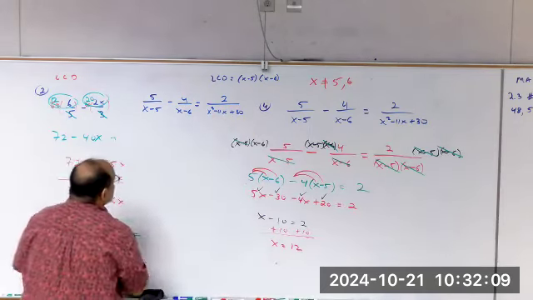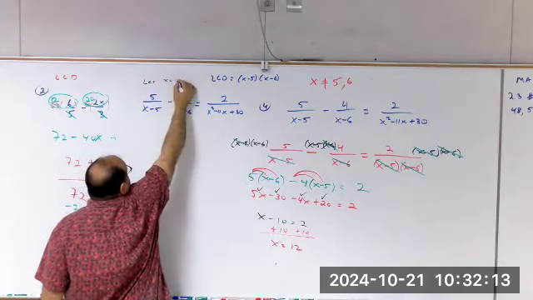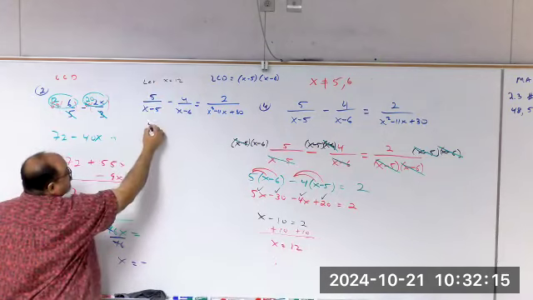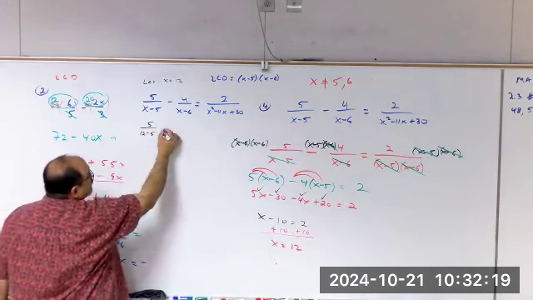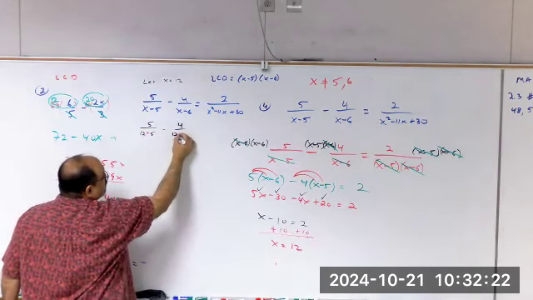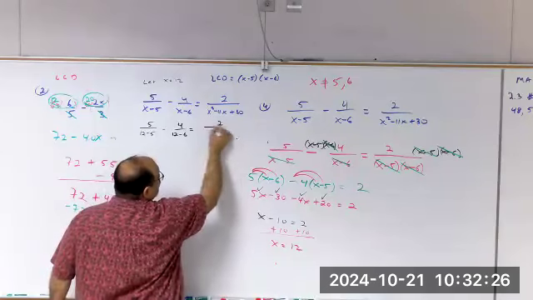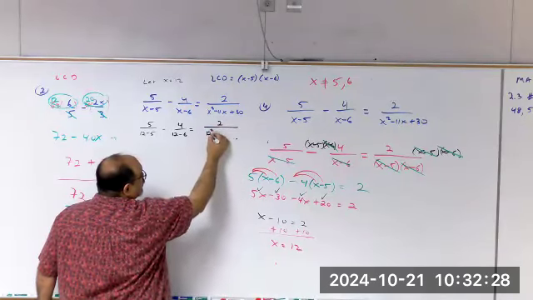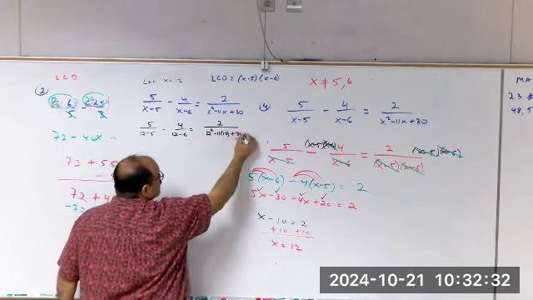So you can check and see if you got it right. Plug in 12. This would be 5 over 12 minus 5, minus 4 over 12 minus 6, and that's supposed to equal 2 over 12 squared minus 11 times 12 plus 30.